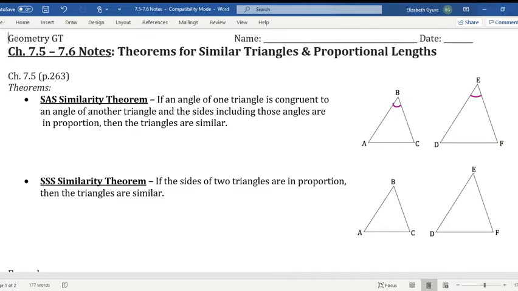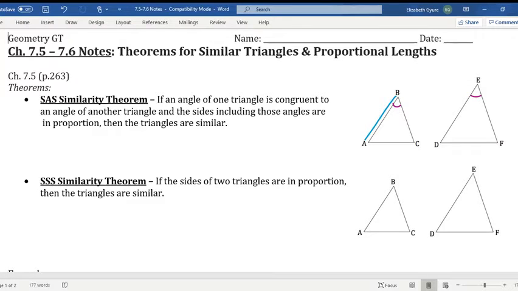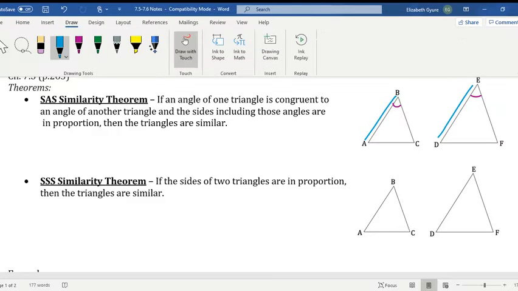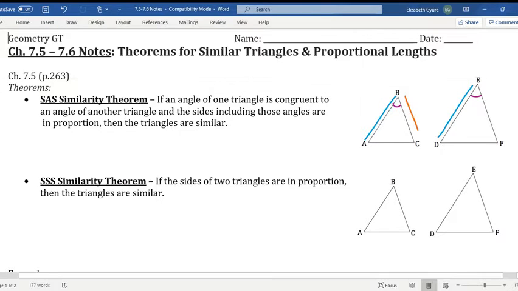So sides that are in proportion, and they need to be the ones that would make angles B and E the included angles. So maybe, for example, the ratio of AB to DE would be in proportion with the ratio of BC to EF. That would make that the included angle, and that could work.